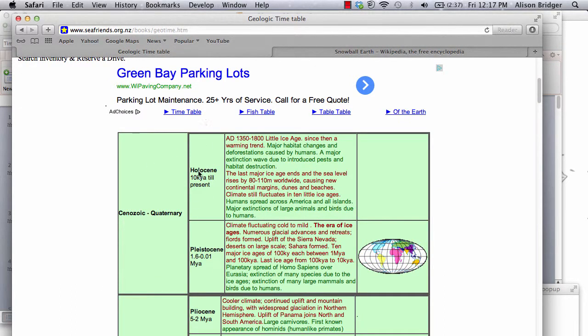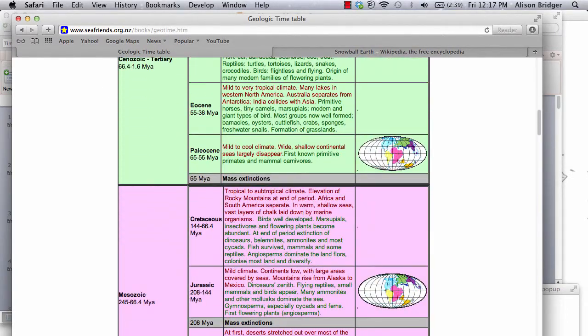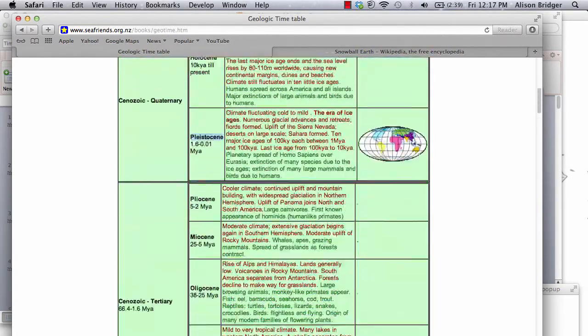Then in the second column are names that may also be familiar to you. These are geological names to refer to eras. So we're currently in what's called the Holocene, and prior to that was the Pleistocene, and so on and so forth. If you go down, you'll see all those.